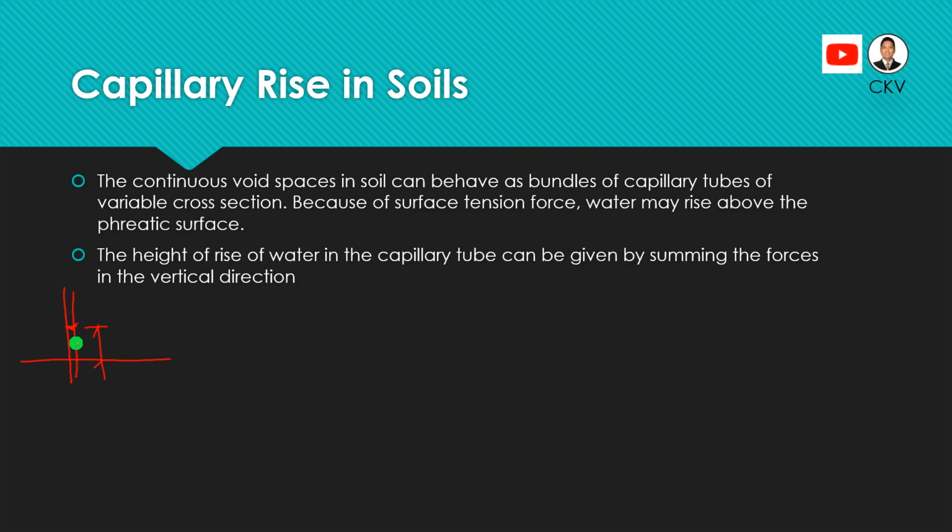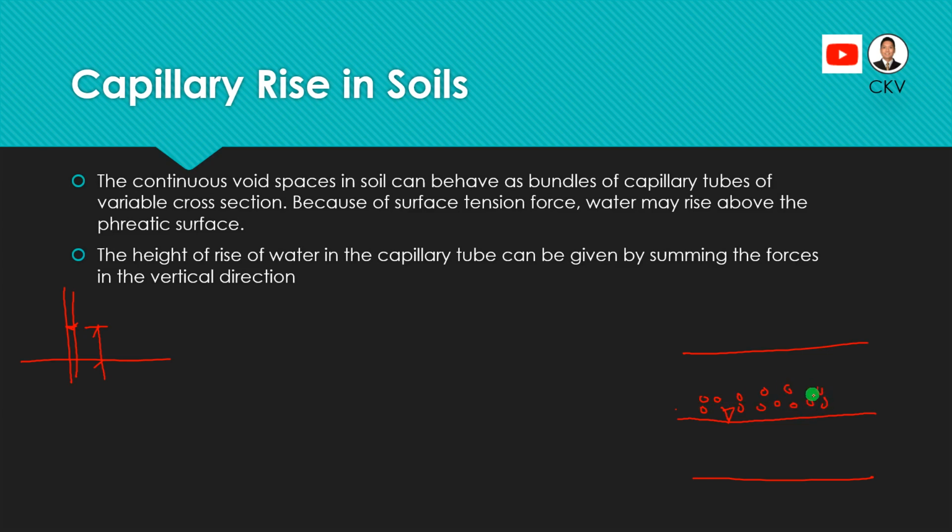Now, the same way with soils. Let's say this is the soil layer right here, and you have the water table in between that soil layer. Above that water table, there are void spaces in that soil.